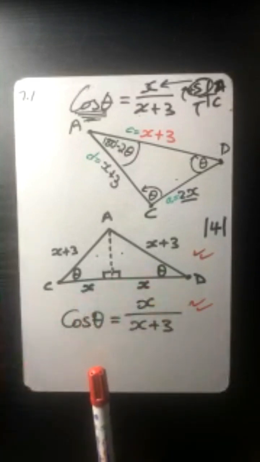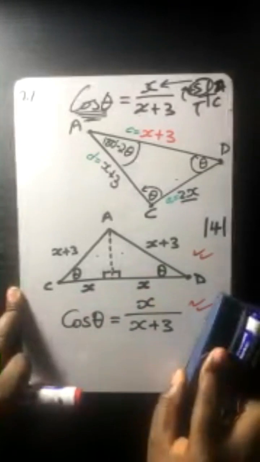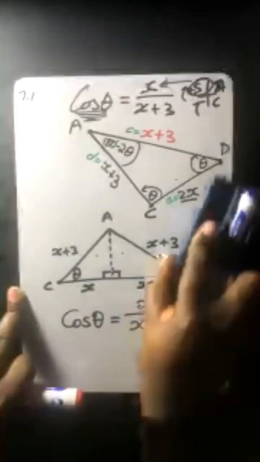So very quickly, let's move on to the last question, being 7.3. I'm just going to remove all of this, because I don't think I'm going to need that answer.